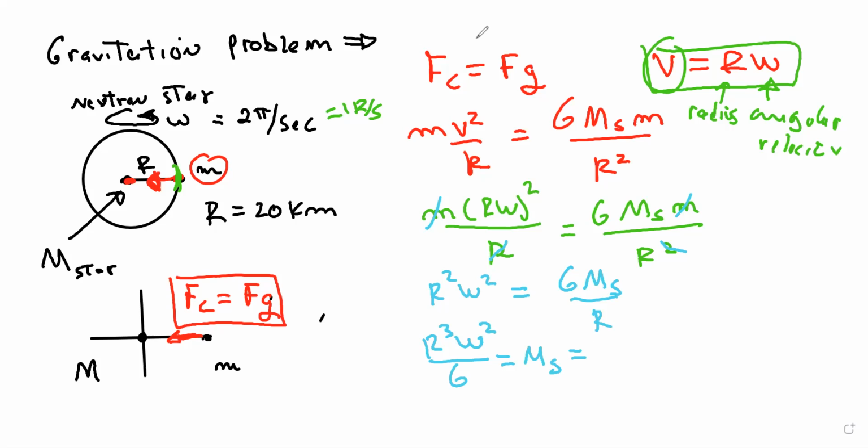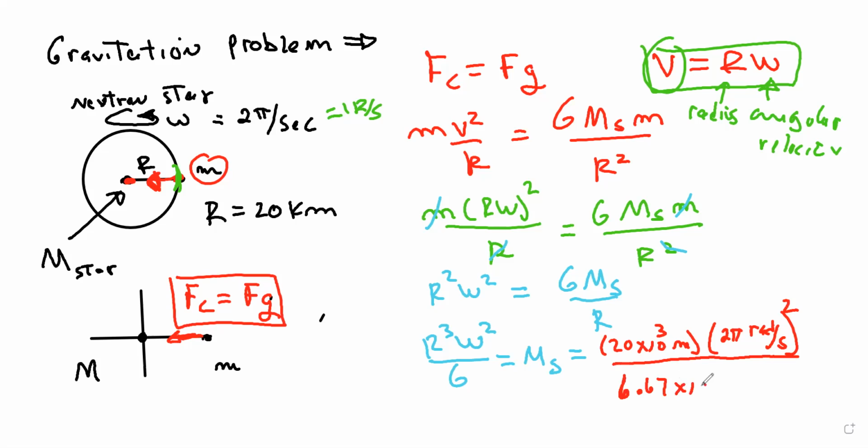The radius is going to be 20 times 10 to the 3rd power meters. The angular velocity is going to be 2 pi radians per second, squared, divided by 6.67 times 10 to the minus 11 Newton meters squared over kilograms squared.